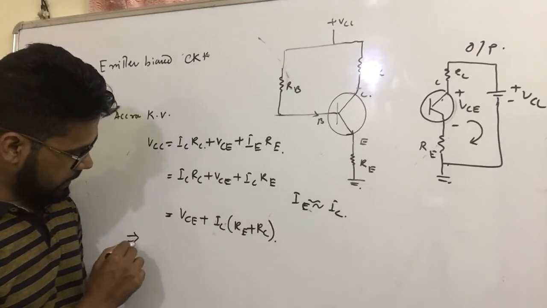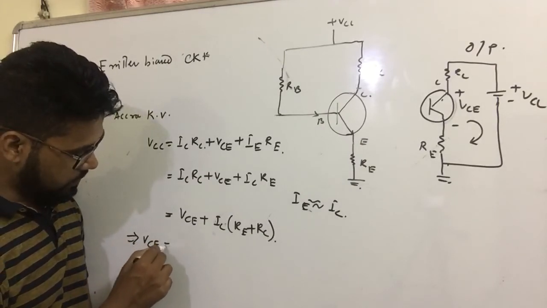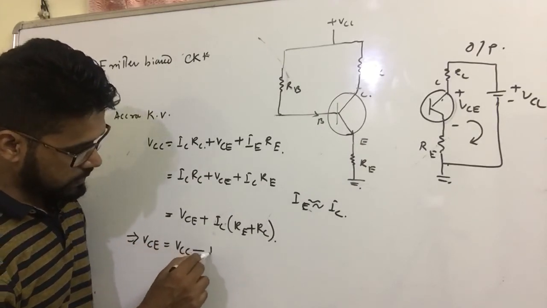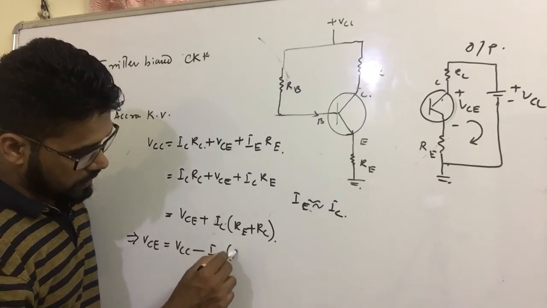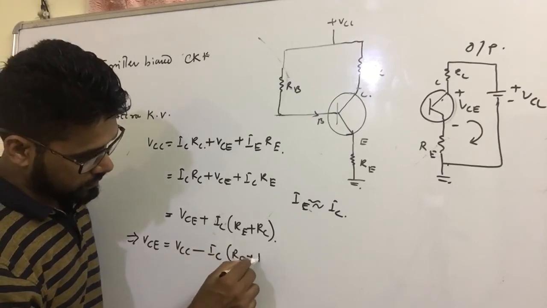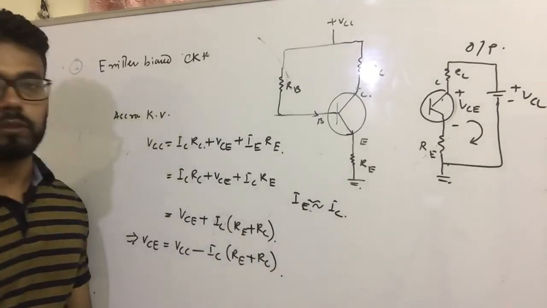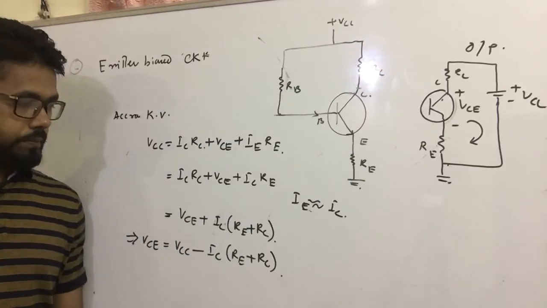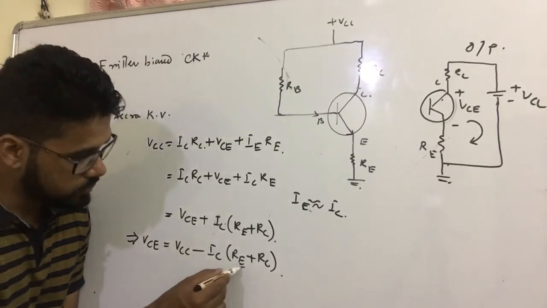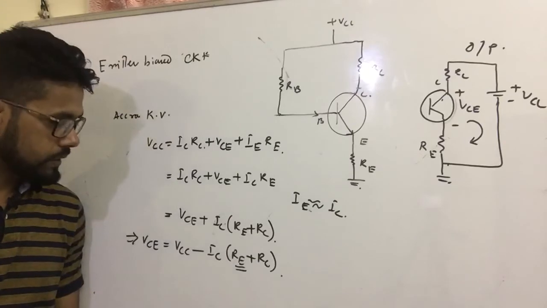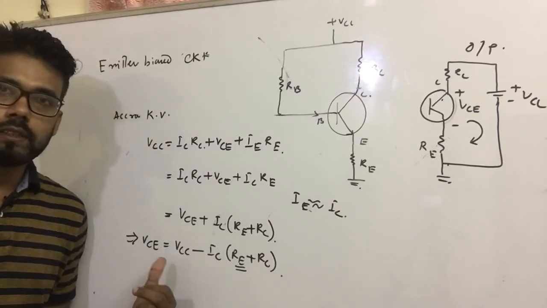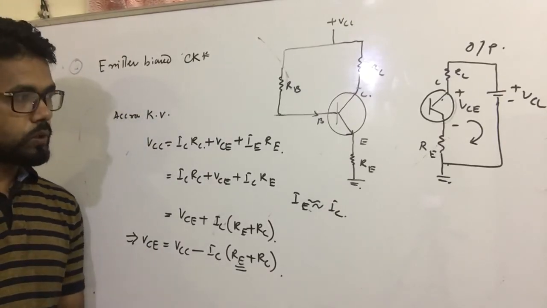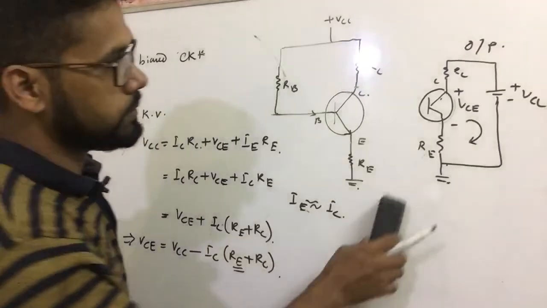You can simplify: VCE equal to VCC minus IC (RC plus RE). This equation. Okay. Now with the additional term, this one increases. This one increases means the VC voltage is reduced. So what is the difference now?